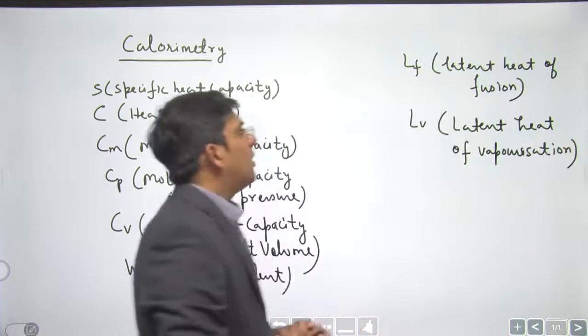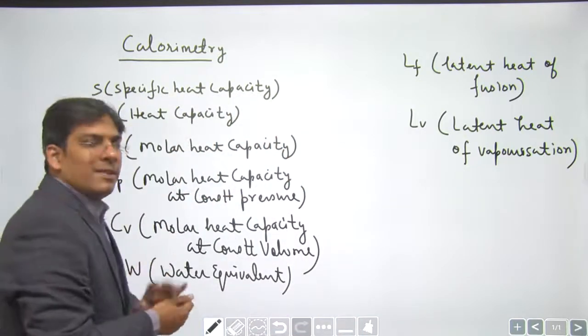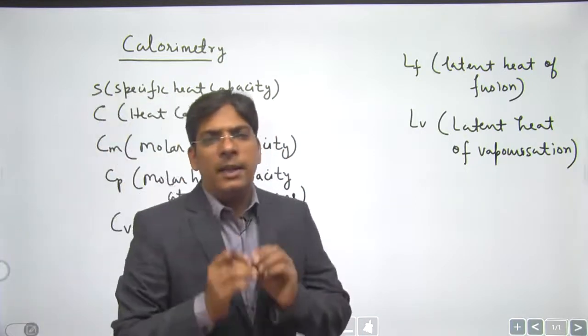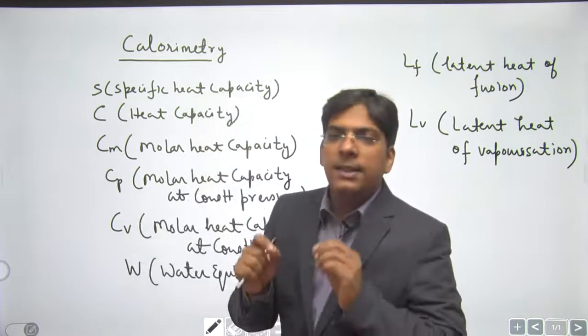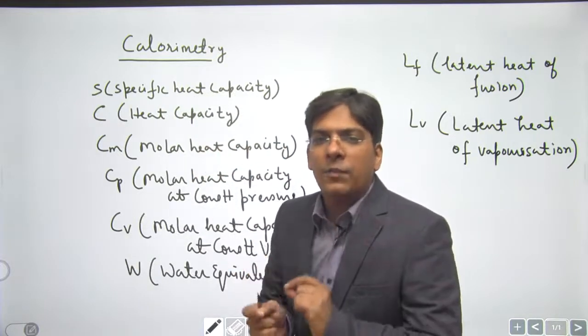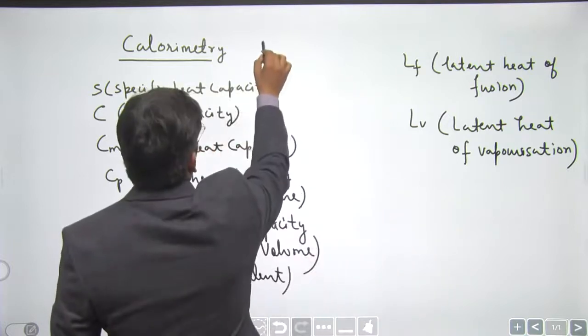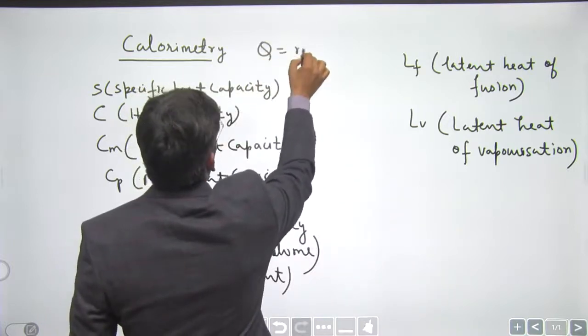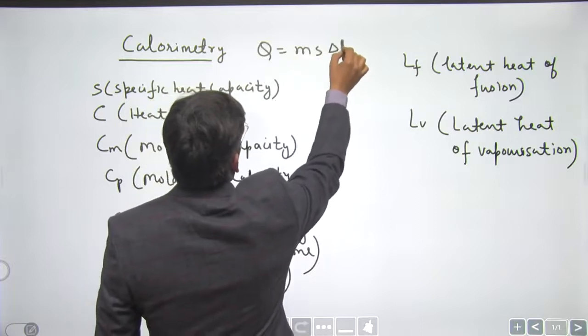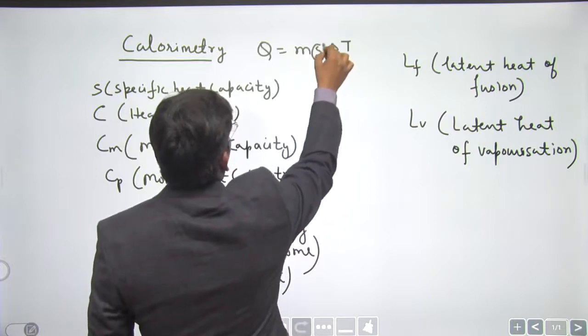Specific heat capacity is the heat required to raise the temperature of unit mass of a substance by 1 degree Celsius. The formula for heat is mass into specific heat into change in temperature, so S is the specific heat capacity.